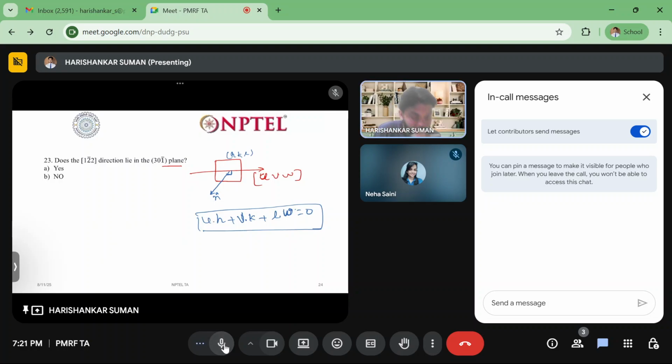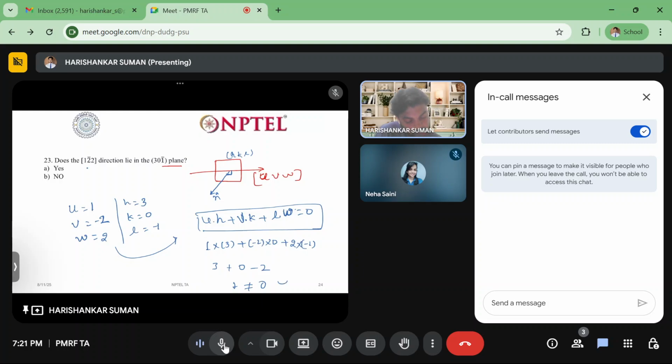So now let's solve this equation. U, V and W are given, put these values in this equation and check. 3, 0, minus 2 equals 1, not equal to 0.